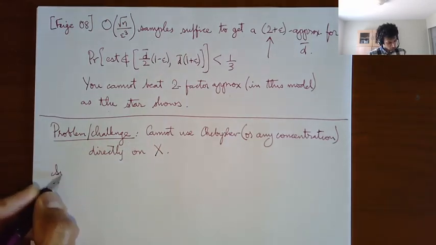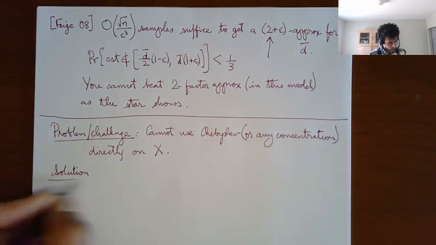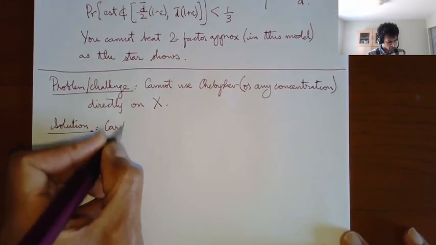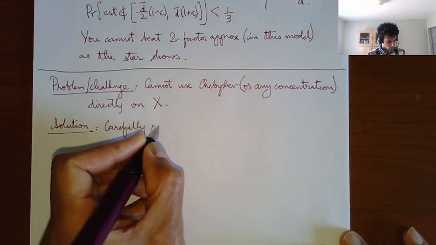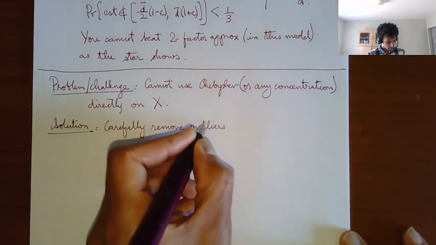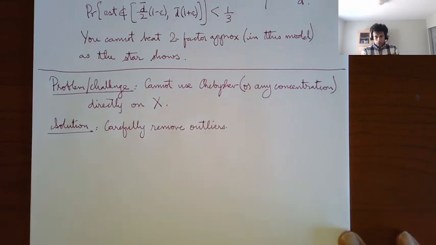And so the solution, which is a non-trivial solution, will be to carefully remove outliers.